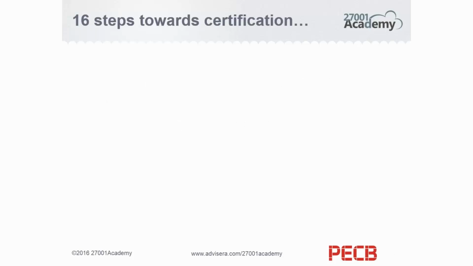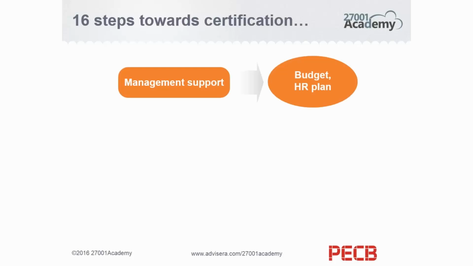Good. Now let's go first through these 16 steps. So basically, the first step is this management support that I mentioned in the previous slide, and this is really the crucial thing, because from my experience working with numerous clients, if the top management didn't provide real support to the ISO 27001 implementation, then most of these projects failed, or if they didn't fail, they kept on running for, I don't know, years and years before finishing.